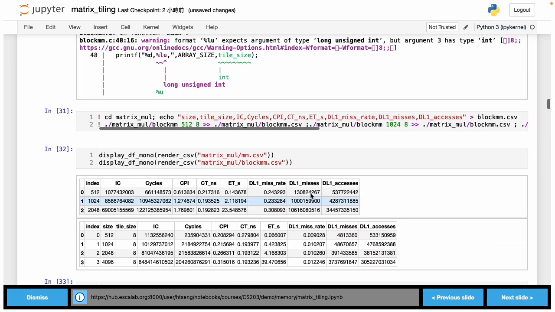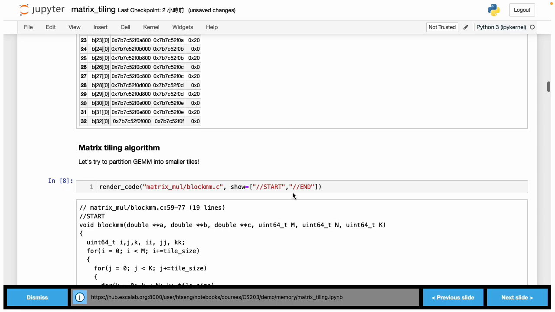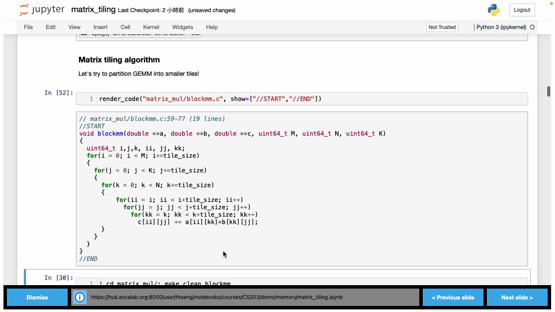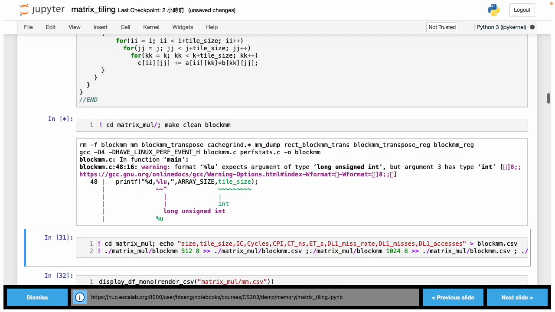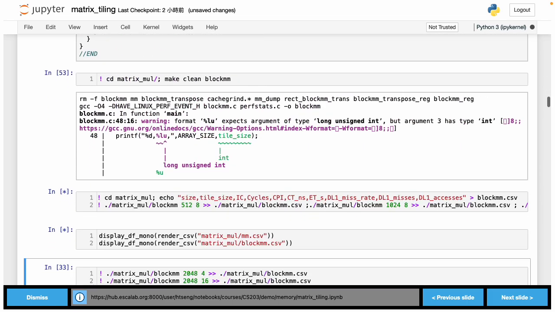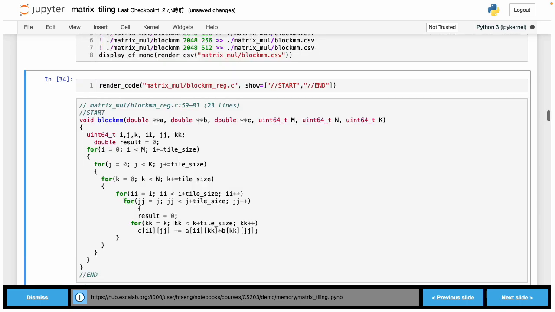Let me show the block matrix multiplication code that I have. It's exactly the same as what I showed in the slide. Honest, no cheating. Let me recompile it and see how it runs. It would take a while, and I'm going to try many different block sizes.